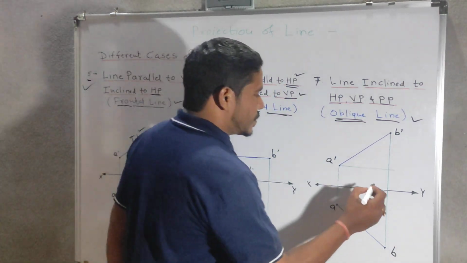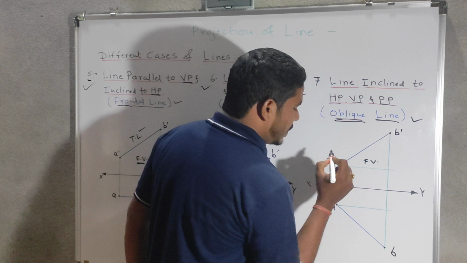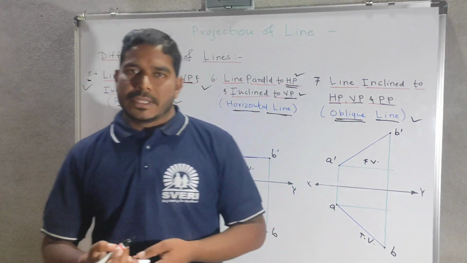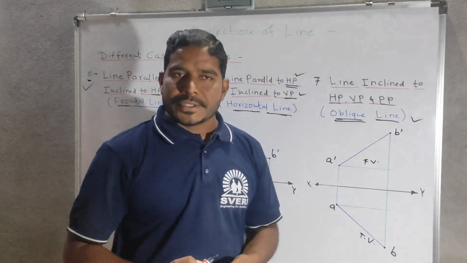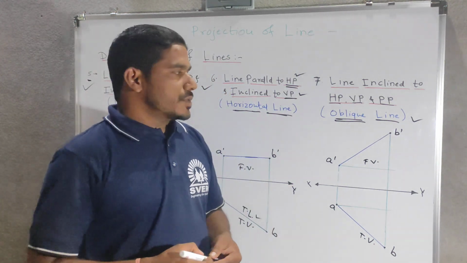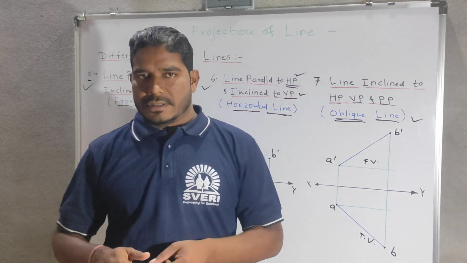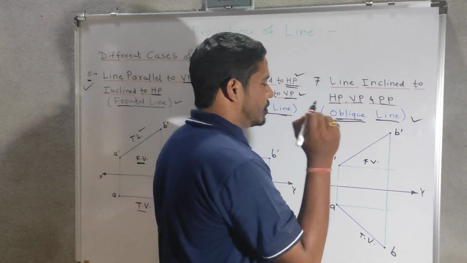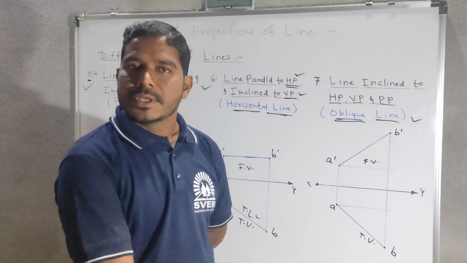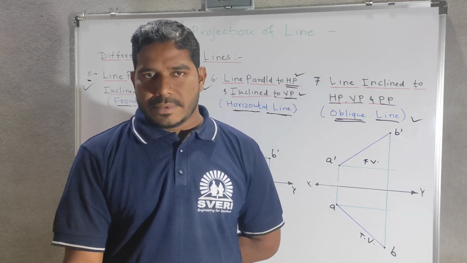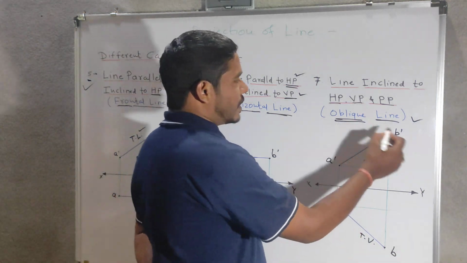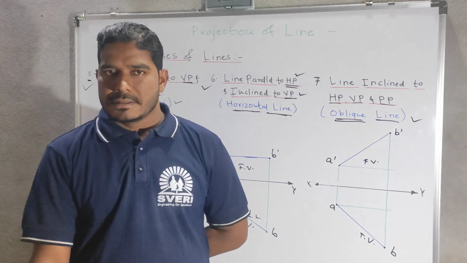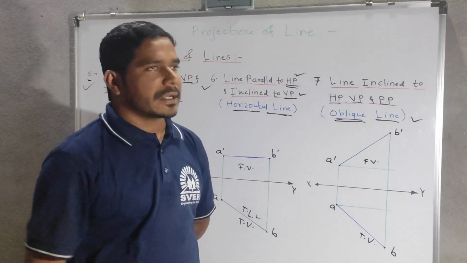The front view is inclined to XY, and the top view is also inclined to XY. Both views give only the apparent length of the line AB, and neither provides the true length. So in the case of the oblique line, the front view and the top view both give apparent lengths. This is about the oblique line.